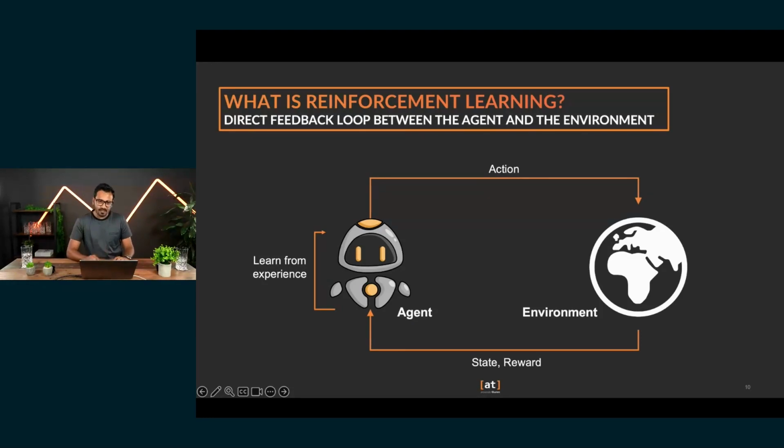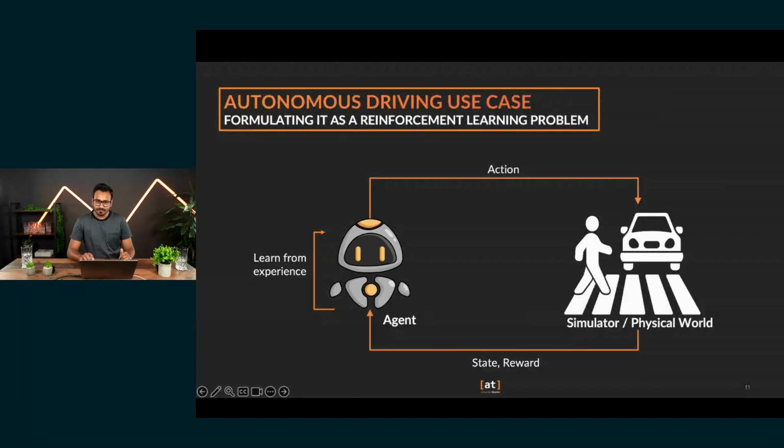So let us understand the different parts of this loop using our driving example. Here is a simple example where we want to develop an autonomous emergency braking system. To understand how an agent will react, we have to think from our perspective how we see the environment or the situation in front of us and how we would react in a different situation.